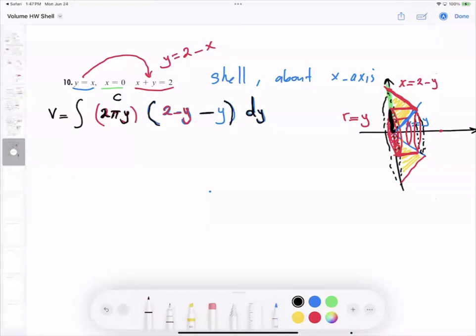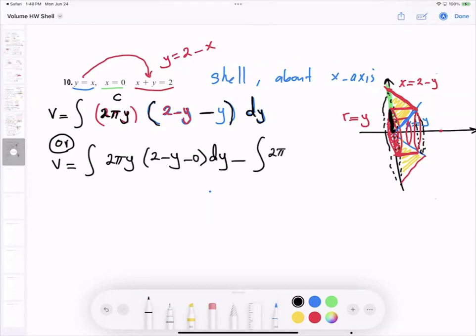If it makes it easier for you, you can say that I'm finding the definite integral of 2 pi y times 2 minus y minus 0 dy, minus the smaller volume, which is the definite integral of 2 pi y times y dy. Either is fine.